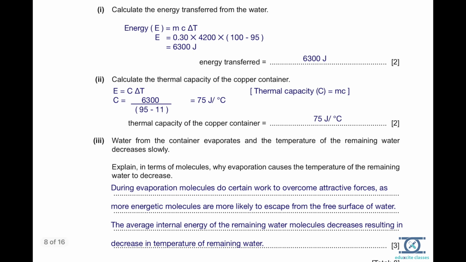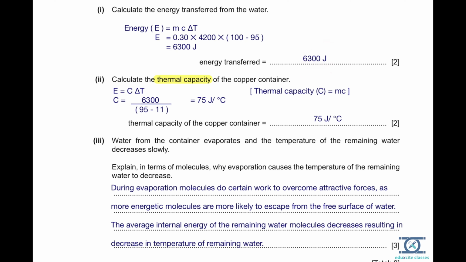Now in the next part, calculate the thermal capacity of the copper container. So we know that thermal capacity is mass times specific heat, and so the formula is E equals capital C, that is the thermal capacity, times ΔT. For the copper container the change in temperature is from 11 to 95, so that is the difference we have taken, and the energy is transferred by the water only, so it will be equivalent to 6300 joules.